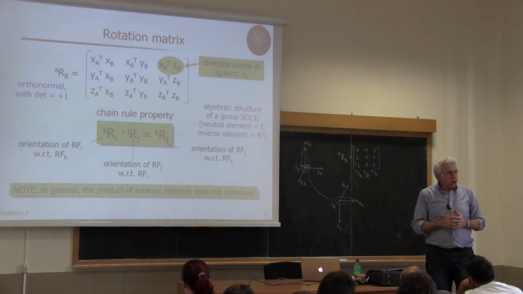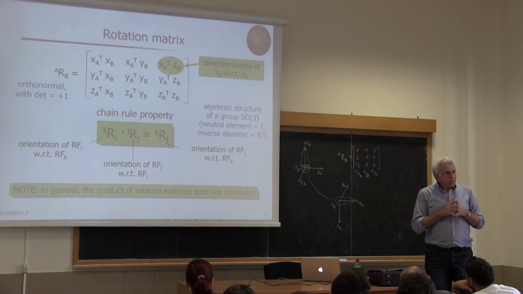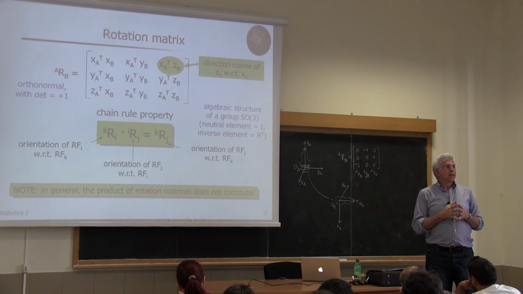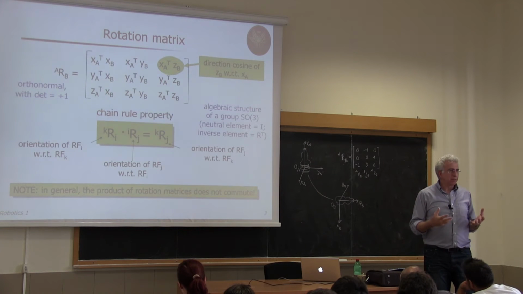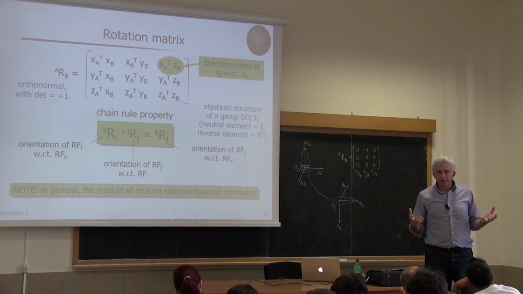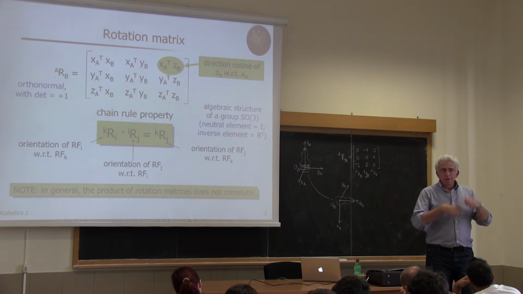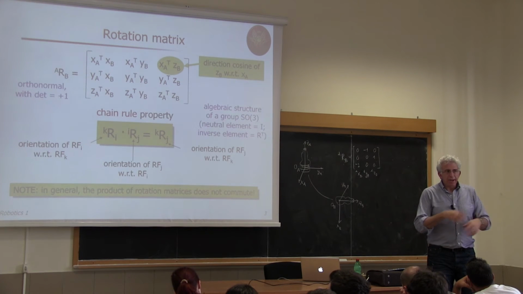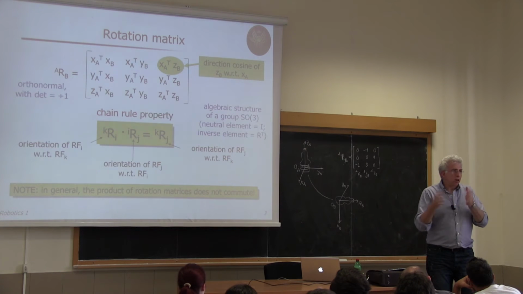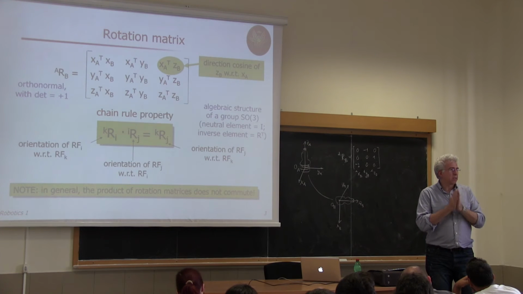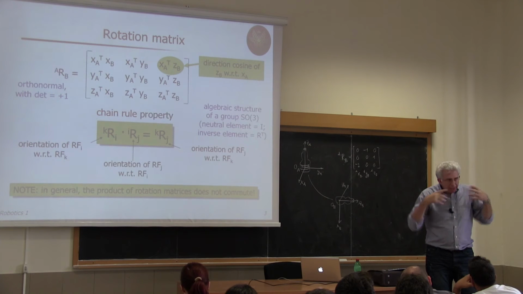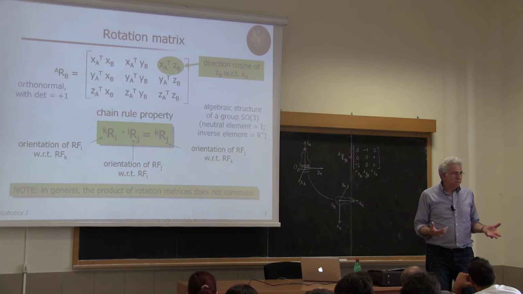We will see later on that this representation is somewhat redundant, because we have 9 numbers in this 3 by 3 matrix, although these numbers cannot be arbitrary, because they should be such that the columns are orthogonal, such that the columns are unitary, and such that the determinant is +1.